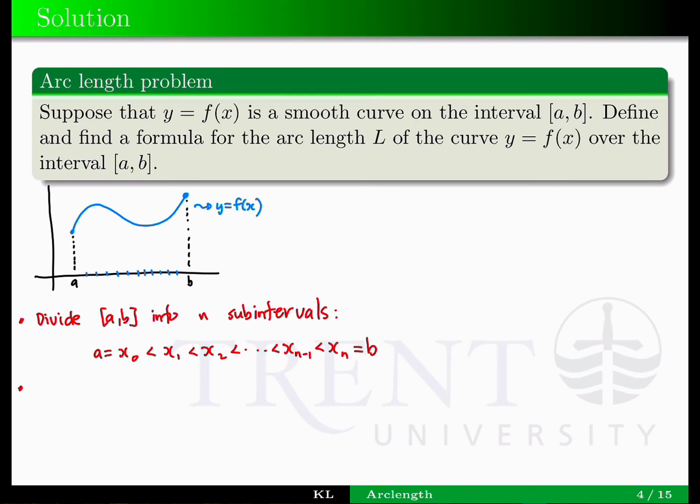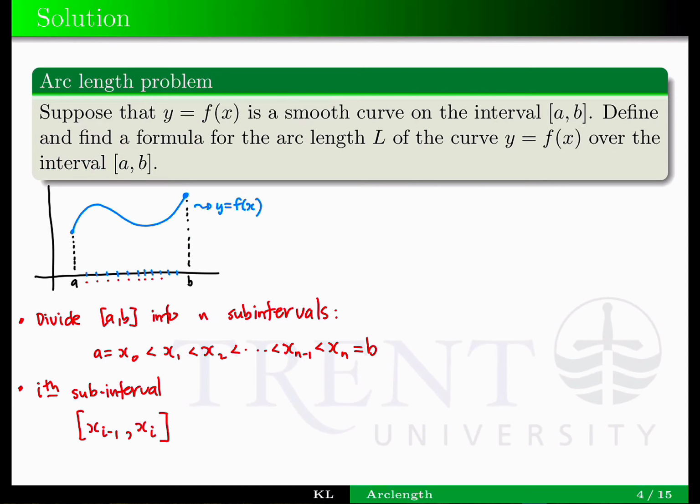After putting these points here, correspondingly on this interval [a, b], we consider the ith subinterval, that will be [x sub i minus 1, x sub i]. And this ith subinterval will correspond to their respective y coordinates.